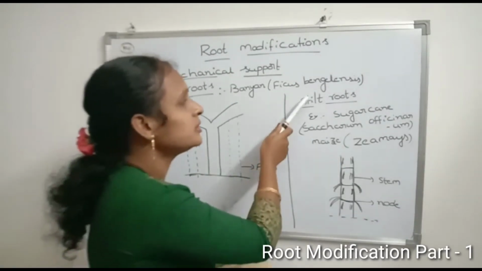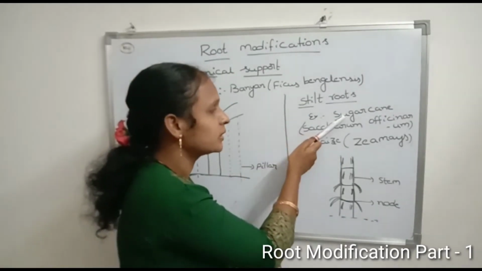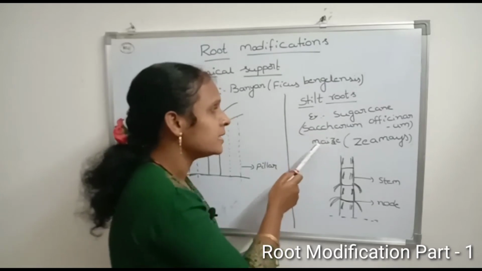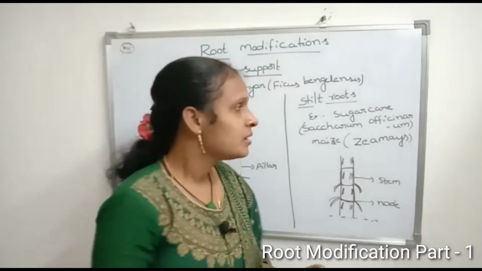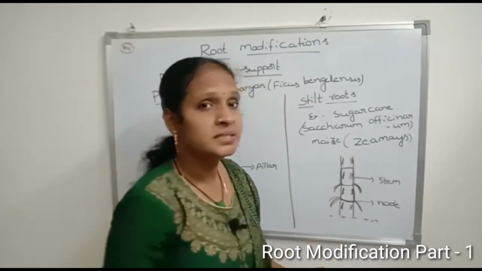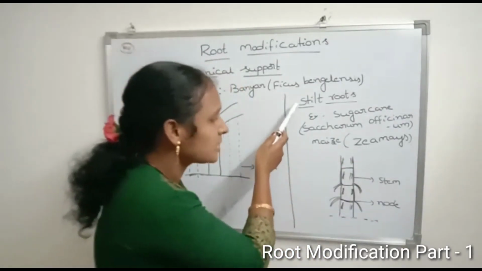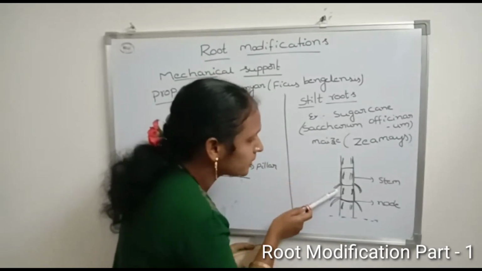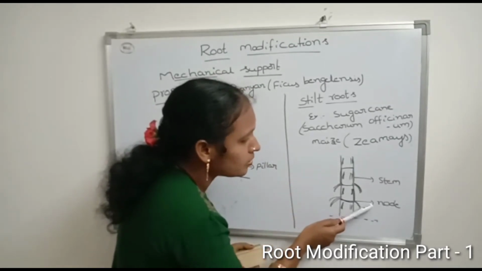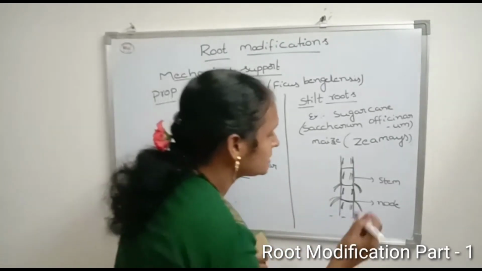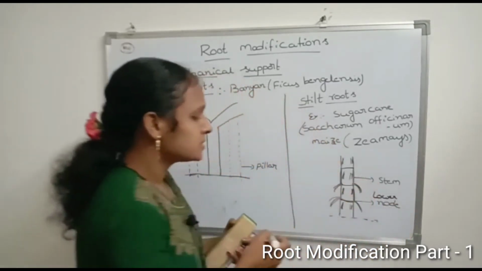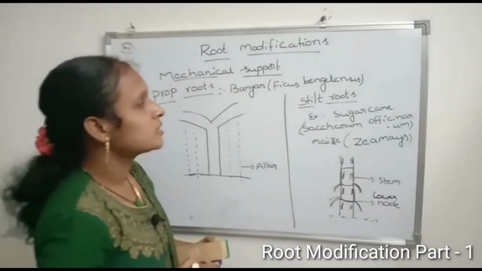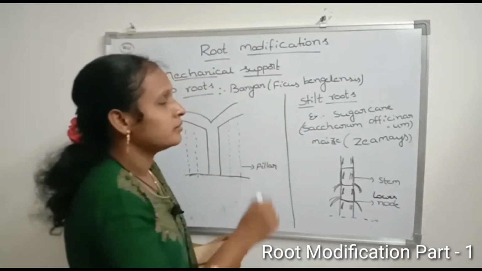The next example is stilt roots, for example sugarcane, Saccharum officinarum, and maize, Zea mays. In the stem of maize and sugarcane, roots originate from the lower node of the stem and give mechanical support to the plant.